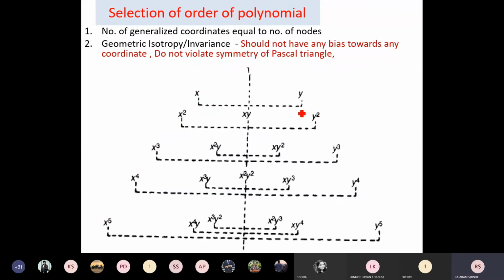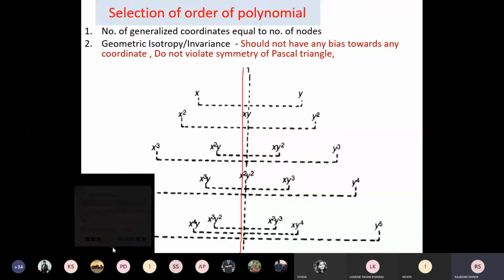See here, if we go for the linear element, this vertical line is the axis of the Pascal's triangle, and your polynomial should be symmetric about this axis. That means it should not violate the symmetry of Pascal's triangle.